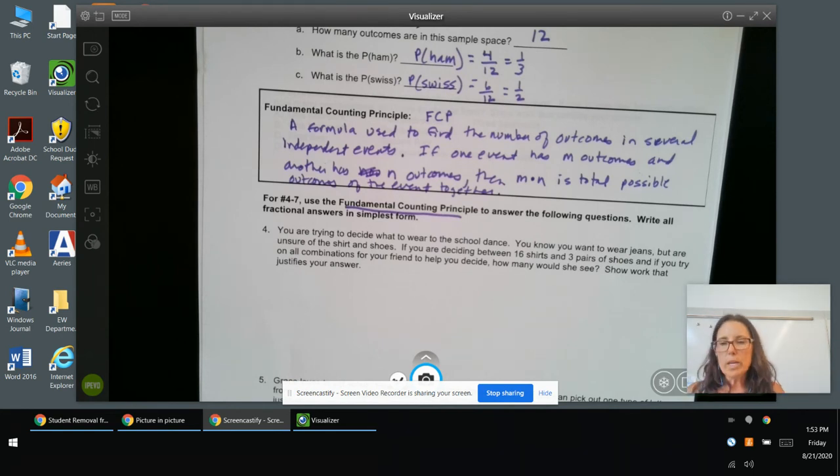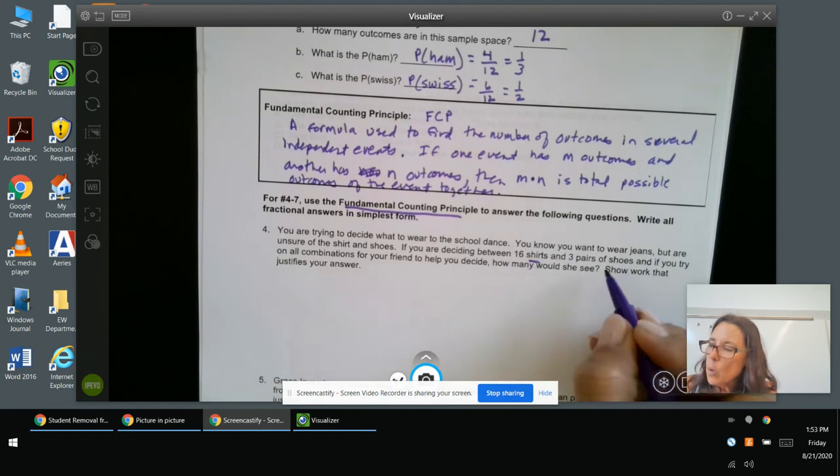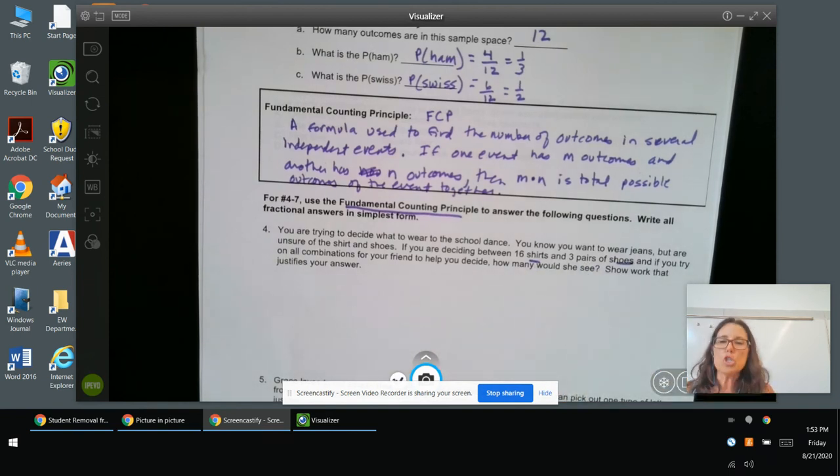Okay, are we cool that everybody's got jeans on? It's just, what are you going to wear with the jeans? What kind of shirt, what kind of shoes? So really, we're looking at shirts and shoes.